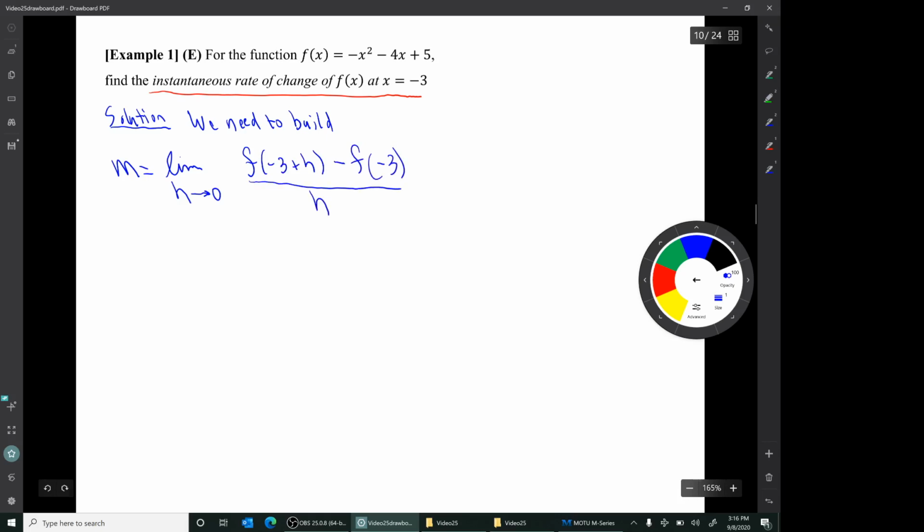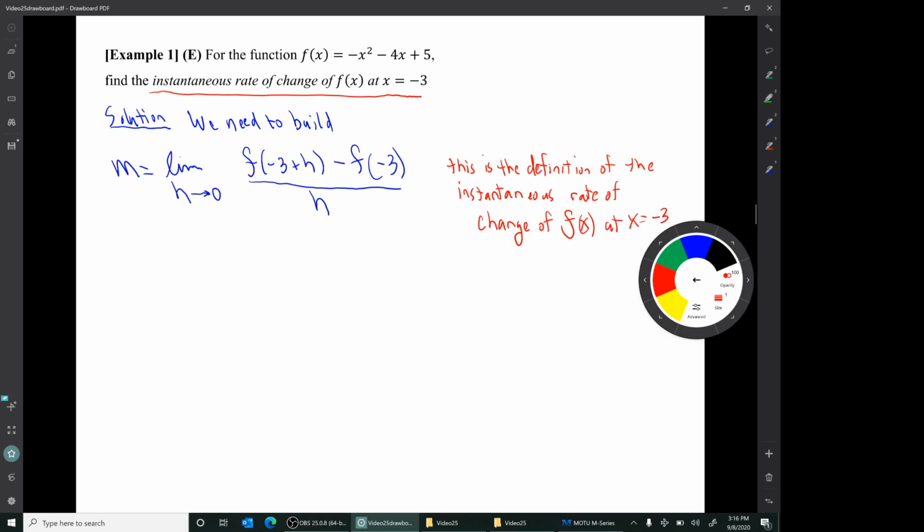So on that line, I've just simply copied down the definition of instantaneous rate of change of f at x equals -3. So that's what we need to build. Now, we've actually done a lot of this work already. Notice that the thing inside that ratio is a secant line slope, which we calculated in the previous problem.